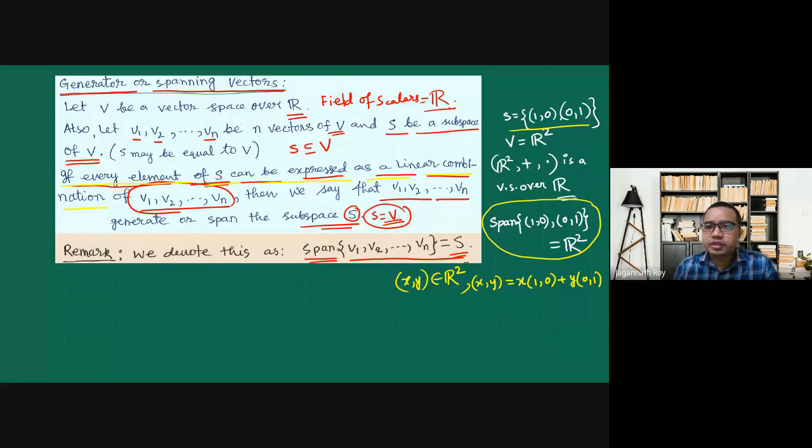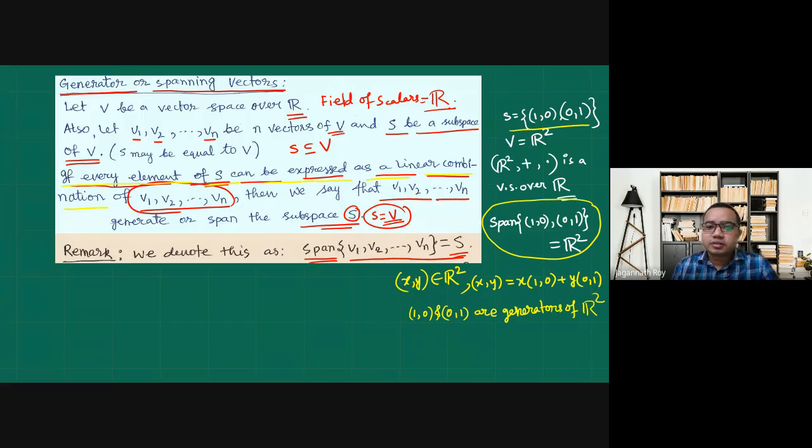So that means (1, 0) and (0, 1) are generators of R2.